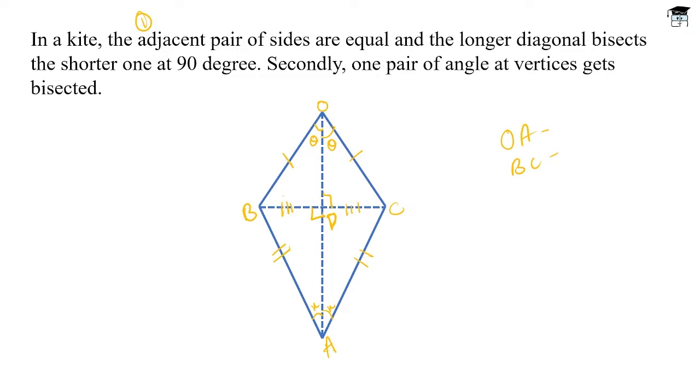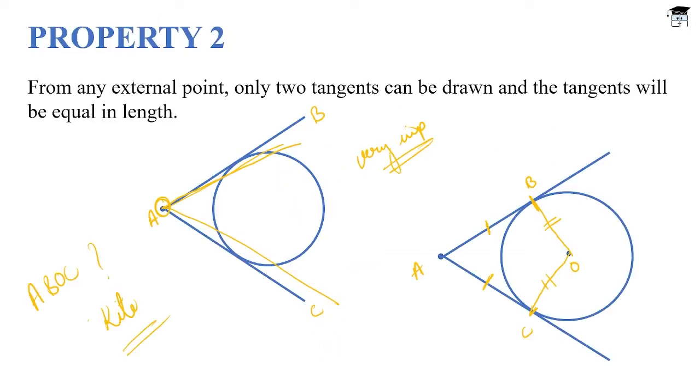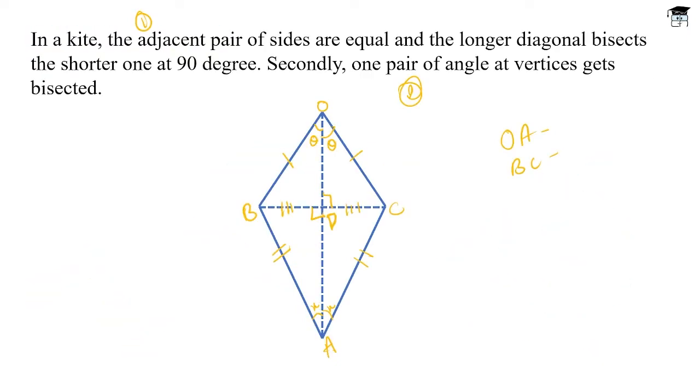So these are the properties of a kite. In the second property, we just read that only two tangents can be drawn from an outside point. This figure becomes important as it has the properties of circles as well as the properties of a quadrilateral, a kite. I hope this is clear to you all.